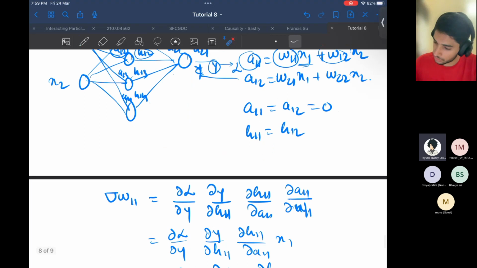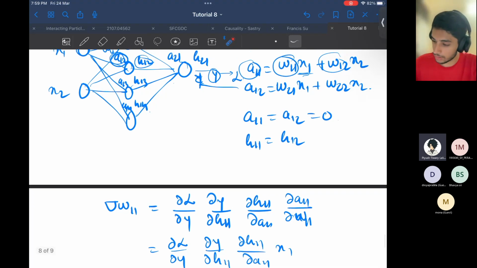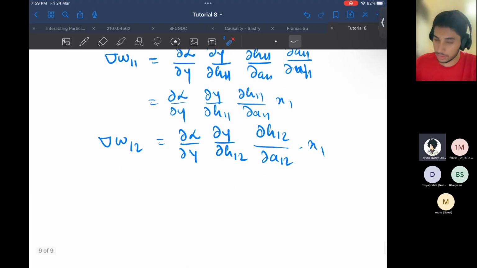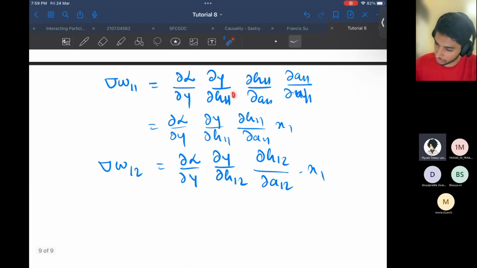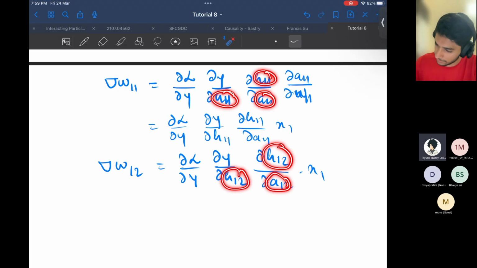But however, we know that h11 is equal to h12 now, right? And we also know that a11 is equal to a12, right? So because of this reason, this thing is equal to this thing is equal to this thing, right?